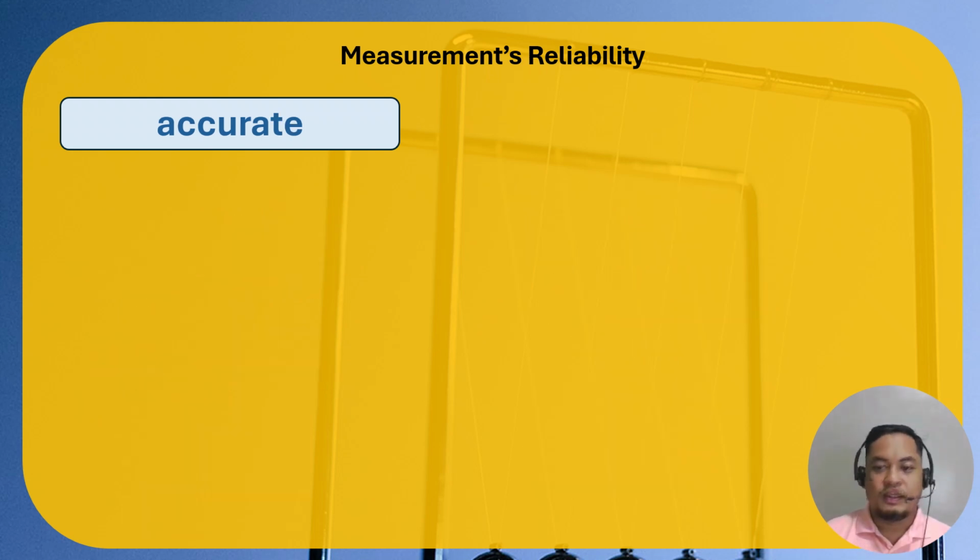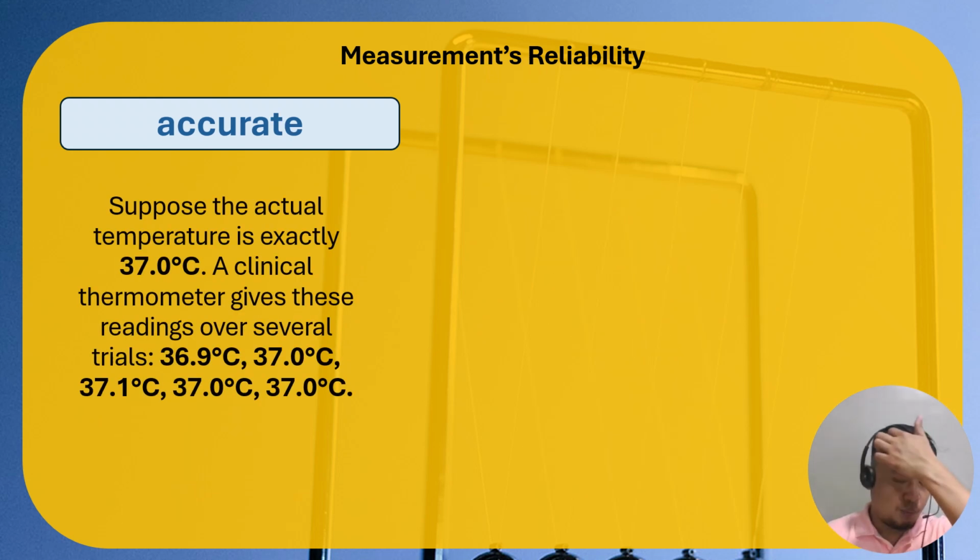Thank you. And now I have one more problem, I guess, in terms of accuracy. Suppose the actual temperature is exactly 37.0 degrees Celsius. That's the actual, the accepted value. And then a clinical thermometer gives these readings over several trials: 36.9, 37, 37.1, 37.0, 37.0 in degrees Celsius.